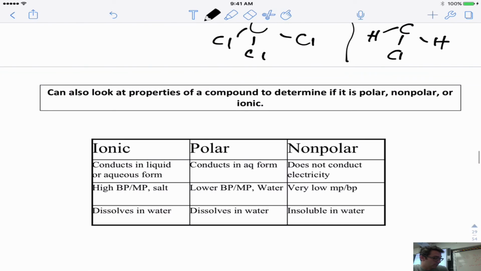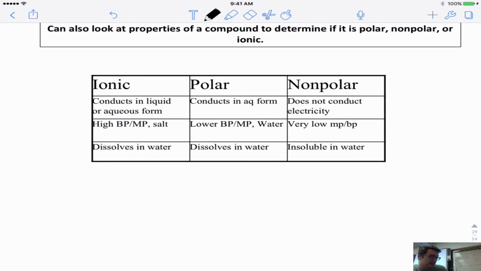Now, just to go over a few properties of these different kinds of compounds. Ionic, we talked about this early on, and I wrote it here again. When you're ionic, you have high melting points and high boiling points. If I dissolve an ionic compound in water, it forms ions. The ions can move, so it can conduct electricity. When I'm polar, I tend to have a medium melting point.